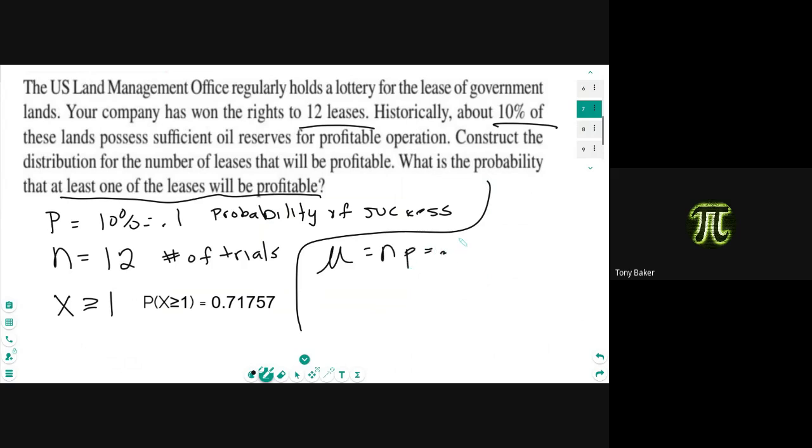So 12 times 0.1. So 1.2. And what's my standard deviation?